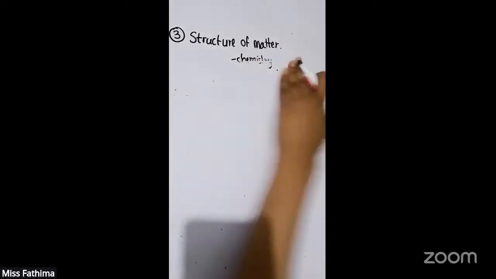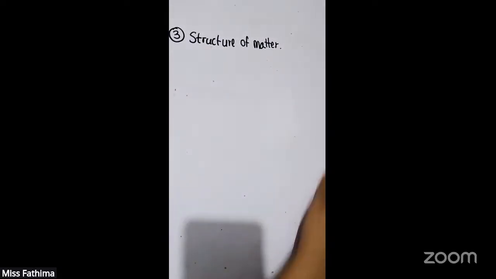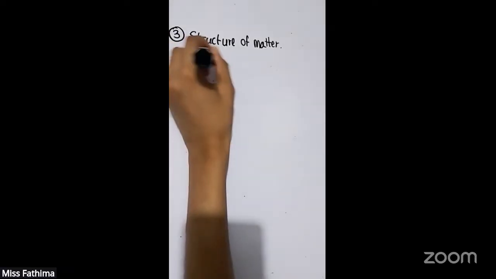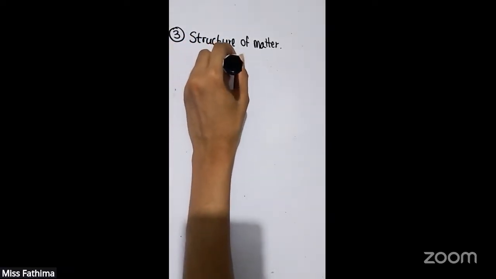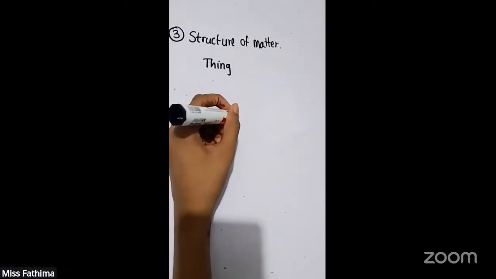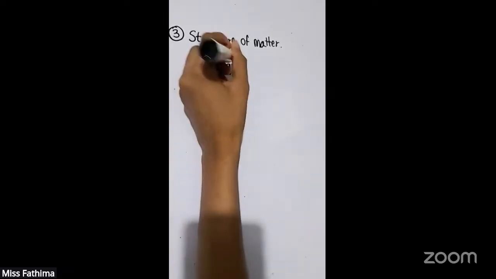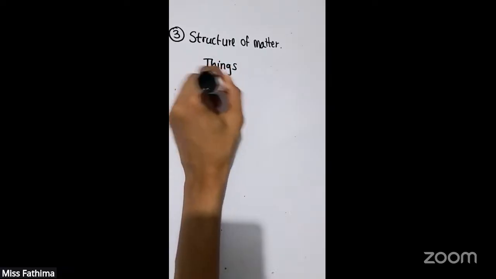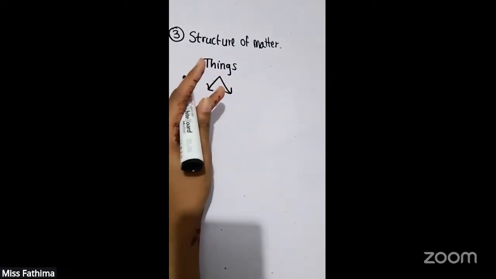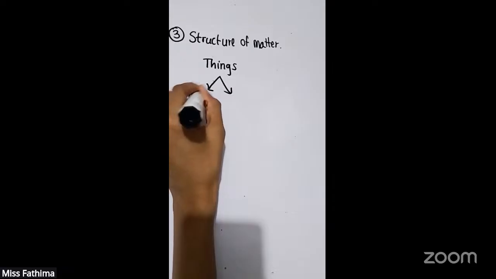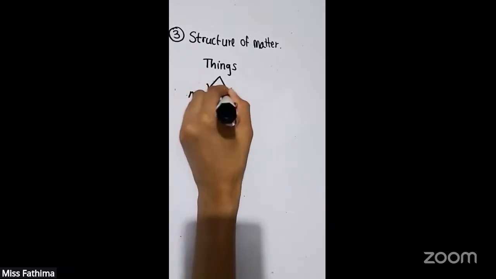clearly. So let me explain clearly so that you will understand well. Now let's talk about matter. As you know, children, there are living things and non-living things. Let's start from the very basics for the lesson. When you consider things, you can classify them into two major categories: matter and energy.